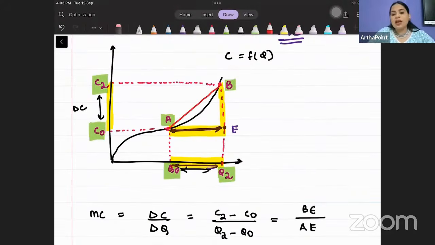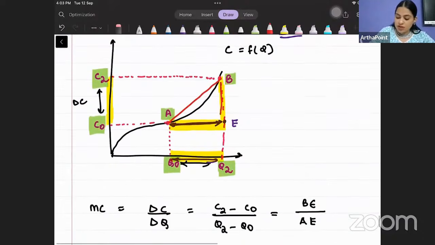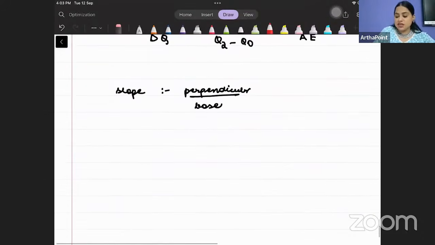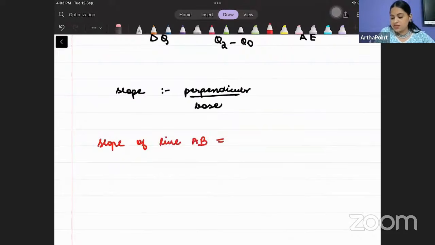So for line AB, my slope beta will be perpendicular by base, है ना? Perpendicular इसका हो गया ये और base हो गया ये. So I can say that slope of line AB is nothing but perpendicular BE by base AE.